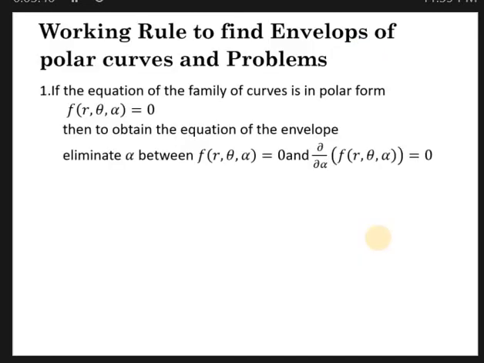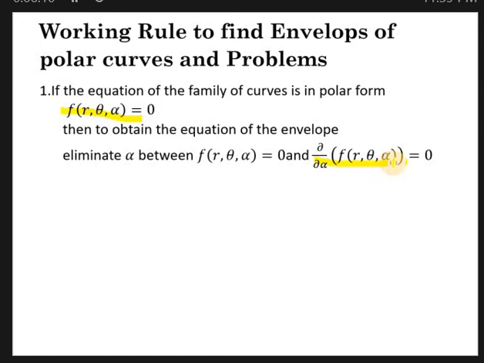Now, working rule. If the equation of the family of curves is in polar form, that is f of r, theta, alpha is equal to 0, then to obtain the envelope of the equation, we have to differentiate this given equation with respect to alpha, that is ∂/∂alpha of f of r, theta, alpha.